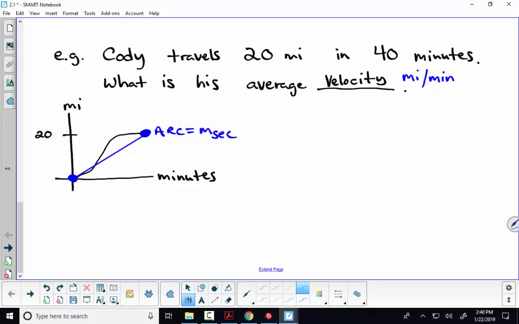So what is my average velocity? I've got the 2 points, 0, 0, that's where I started, and 20 miles, I've gone in the 40 minutes.